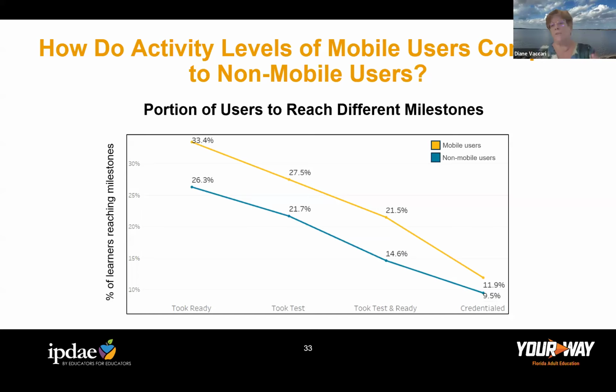I can't say for a fact that it's definitely correlated because we know how many different variables there are in these students' lives. But there's something going on, whether it's that these mobile users are more dedicated to studying, who knows?